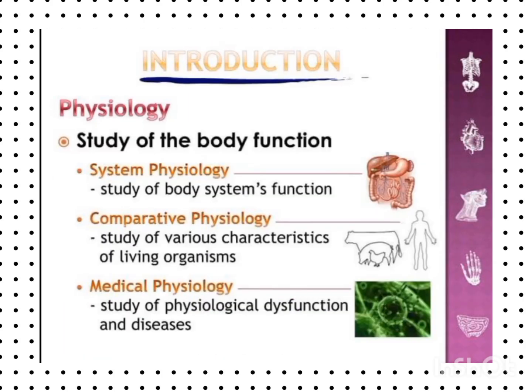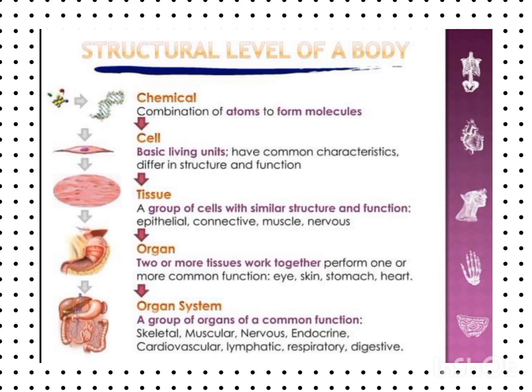The lymphatic system, or immune system, protects the body by attacking foreign substances entering the body. The respiratory system supplies the blood with oxygen and removes carbon dioxide.